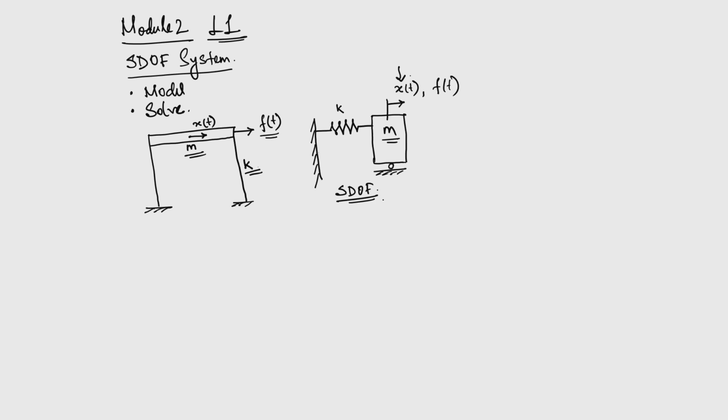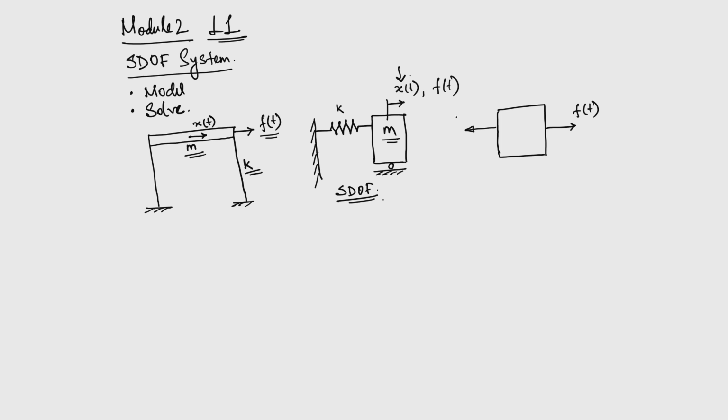Now, for this mass we can draw the free body diagram. So, if I draw a free body diagram, this is the mass, and we apply a force f of t. Then the moment this mass tries to move to the right hand side, there will be a force.